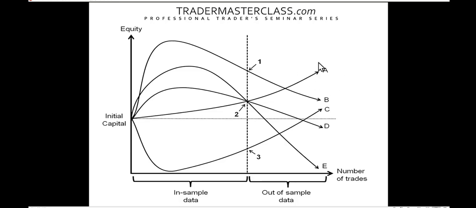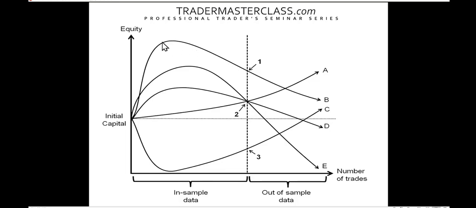Okay. What about this one? Over the backtesting period, it lost money. At the end of the backtesting period, you started with this capital, you ended up with this. You have this loss here. Would I select this as my trading system, or adopt this as part of my trading system going forward? Yes, I will. Yes, it lost money, but you know what? Over the last 1.5 years, it's like a total opposite of this curve here.